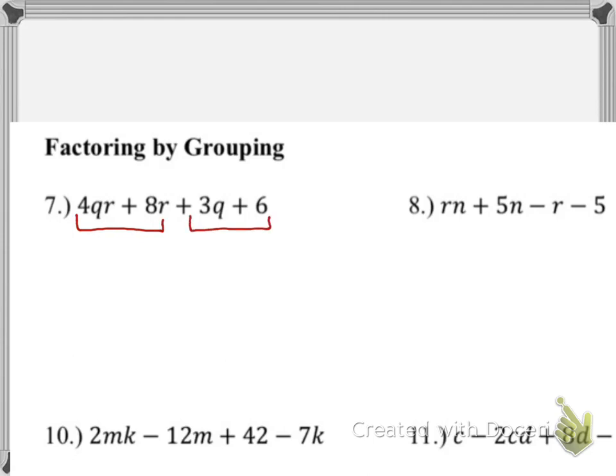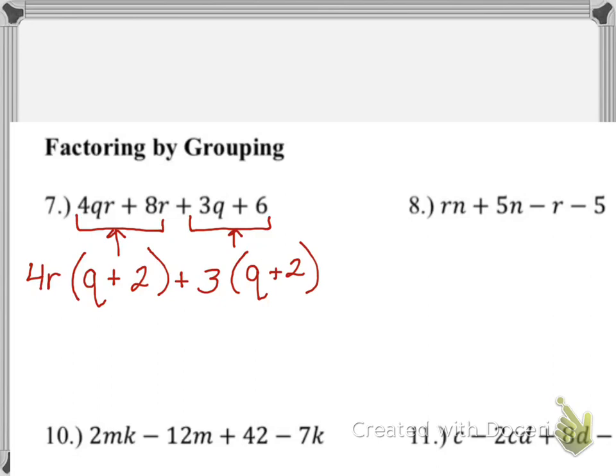And now I'm just going to look at only the first group right now. Okay, and ask myself what's the GCF of that, and that's 4R. And then I would take that out, leaving me with just Q plus 2. Okay, now I'm going to look at my second group, and my GCF from there is 3. And then when I divide that out, that leaves me with Q plus 2.